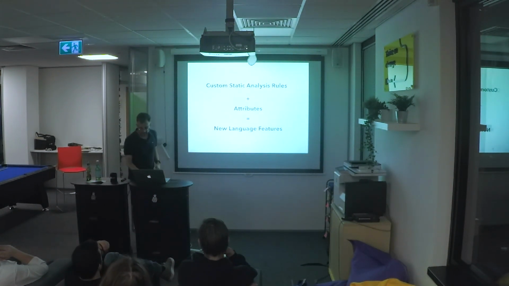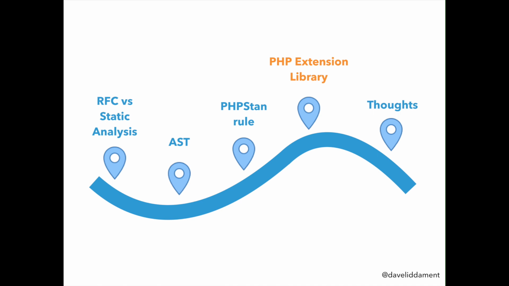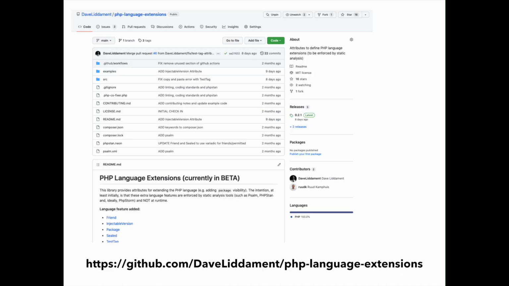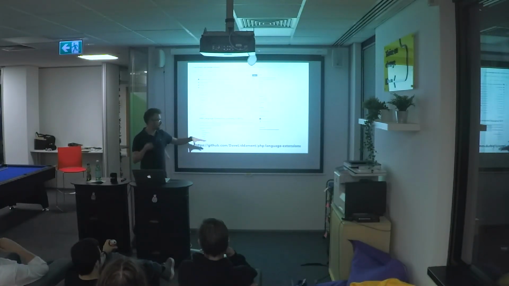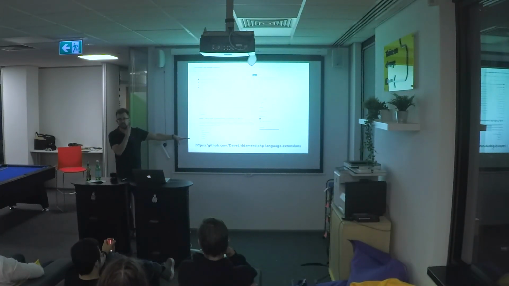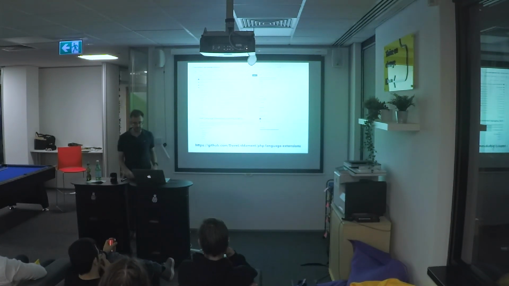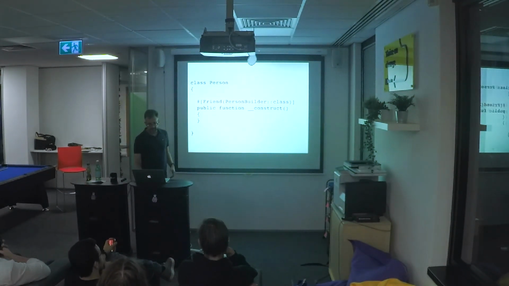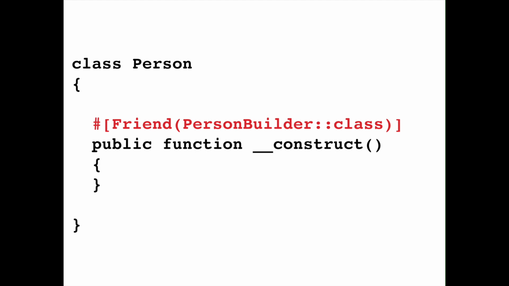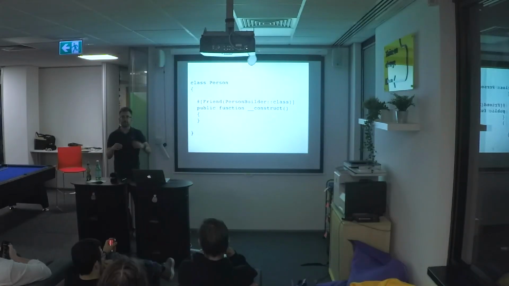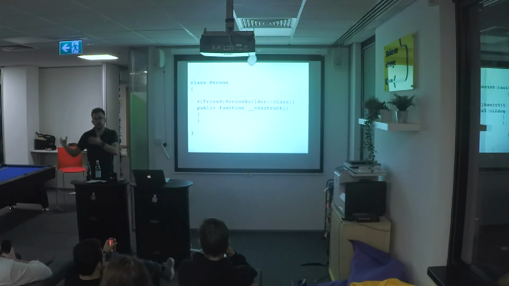And actually, I have made a few myself, called the PHP Extension Library. If you want to go and check that out, it's two parts. There's the PHP Language Extensions, which just defines all the attributes. It's quite a lightweight library. And then I've got a PHPStan rule that provides the validation for that. You could write one for Psalm.